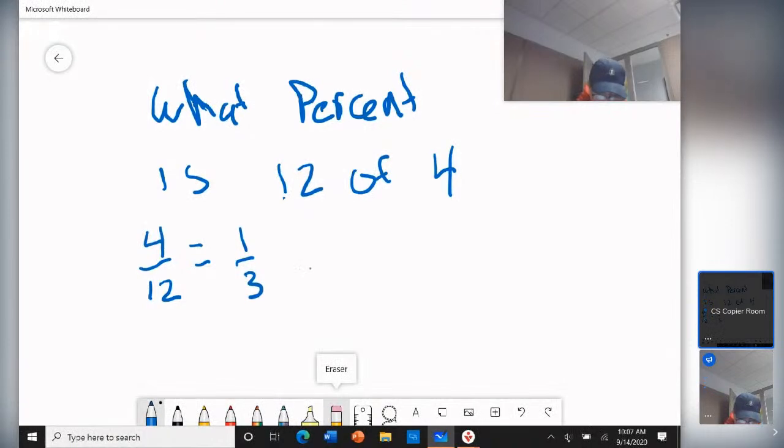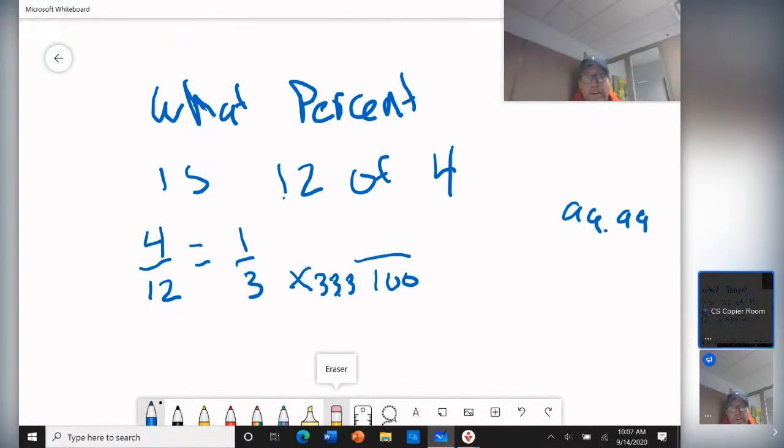So 3 times what equals 100? And you guys, this one, it's going to be 33.3, because that's going to get 99.99, which is really close to 100. For all intents and purposes, that's going to be 100.